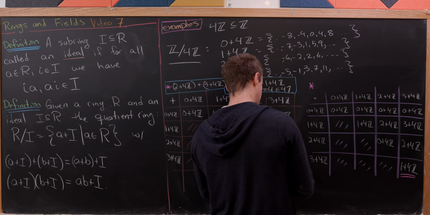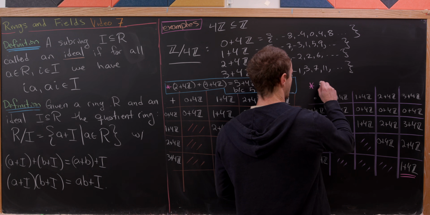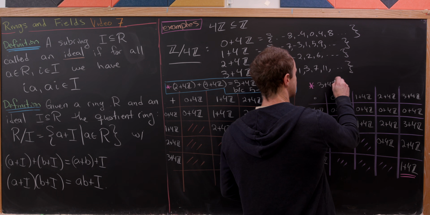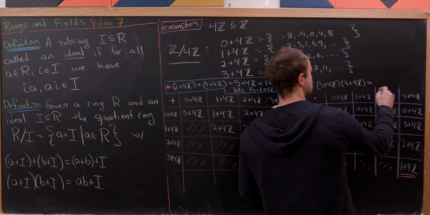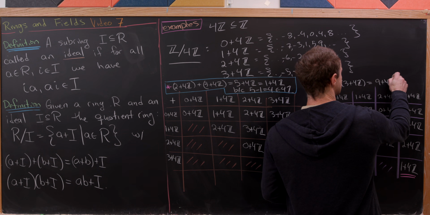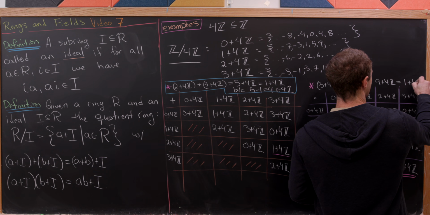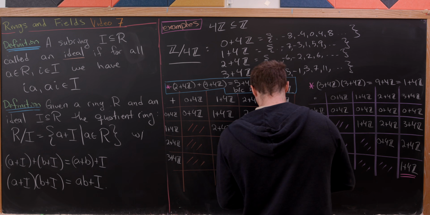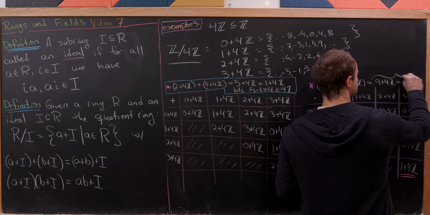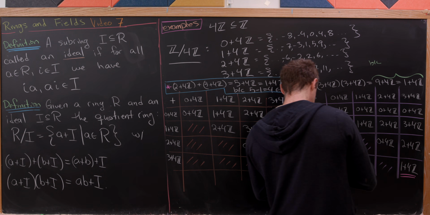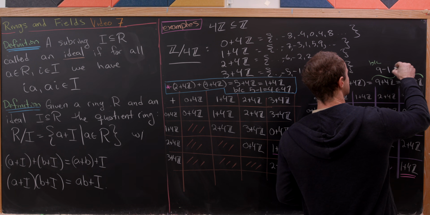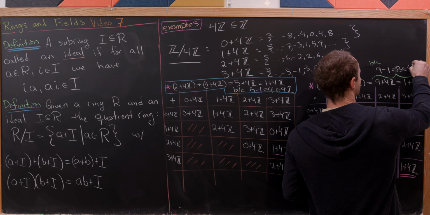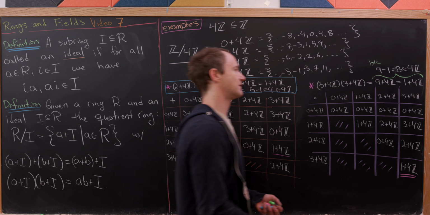So let's bring that up here, and let's observe we have 3 plus 4Z times 3 plus 4Z is equal to 9 plus 4Z, but I claim that that's the same thing as 1 plus 4Z, and that is because 9 minus 1 is equal to 8, which is a multiple of 4, so it's an element of 4Z.